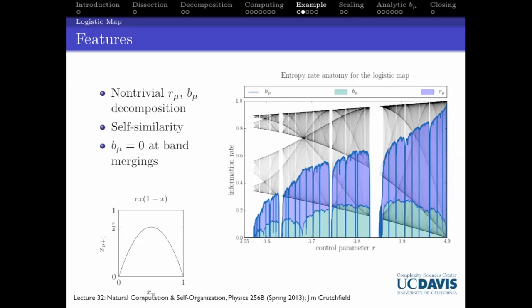Other issues here. Well, we know at band mergings it goes to 0. You might have seen that from your homework, and we'll see what B mu means for automata a little later. But you can think about why that might be at the band mergings. You saw it was a noisy period 2 behavior here. Noisy periodic behavior is periodic and ephemeral.